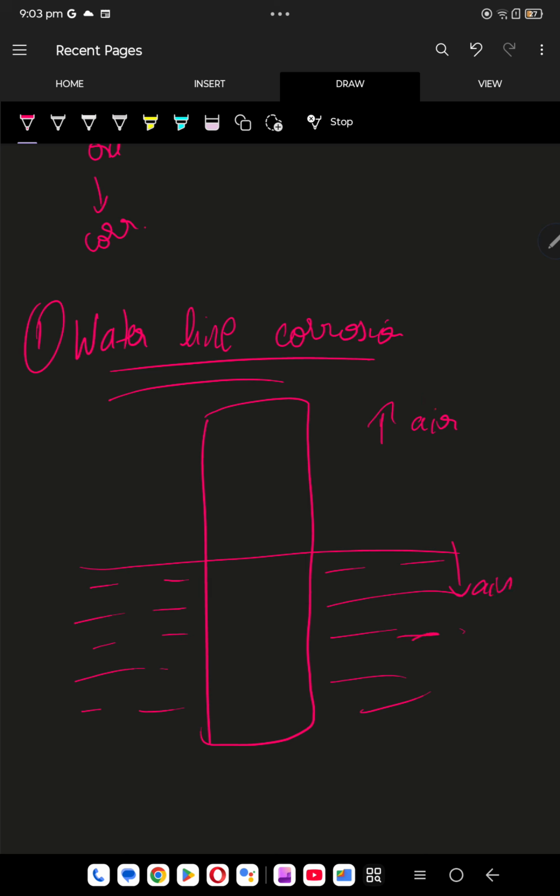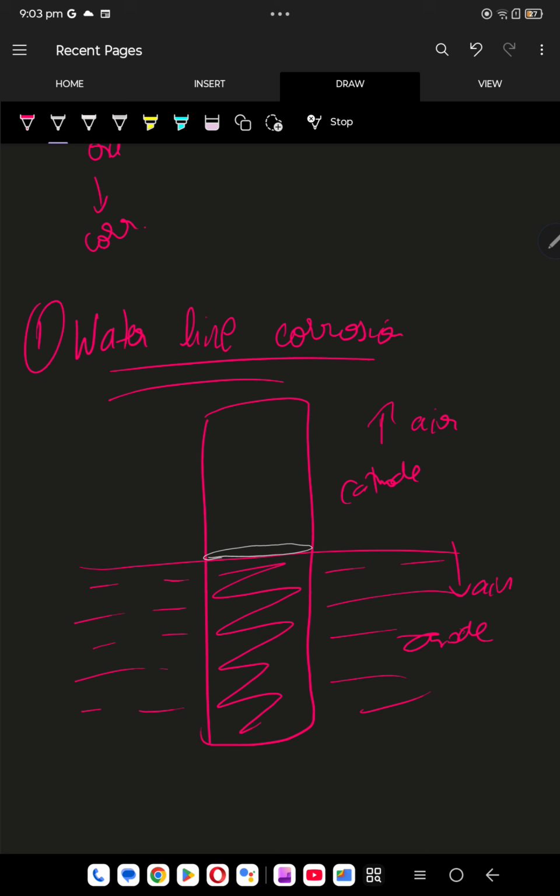This acts as anode, we know this acts as cathode. This undergoes corrosion, this will remain unaffected. What happens is that at the junction of the submerged metal and non-submerged metal, a water line gets formed. This water line is basically the corrosion or the rust line.